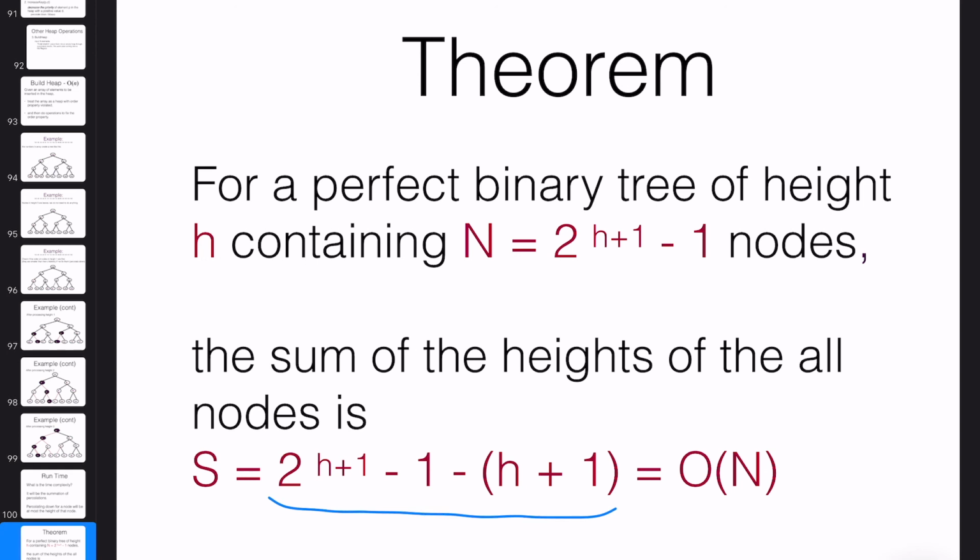We already know that 2^(h+1) - 1 is the number of nodes, which is n. So in total, the time complexity that you have is going to be n minus log n. So this is going to be in theta or O of n.